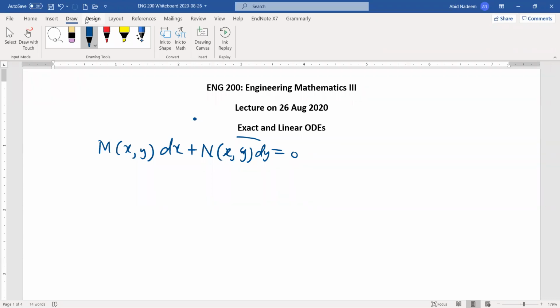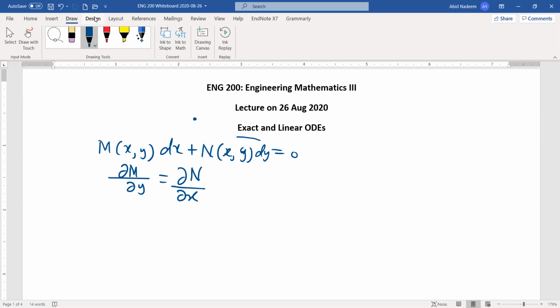This type of equation is called exact if the partial derivative of M with respect to y equals the partial derivative of N with respect to x. Once the equation is exact, you can solve it by adopting a certain method.